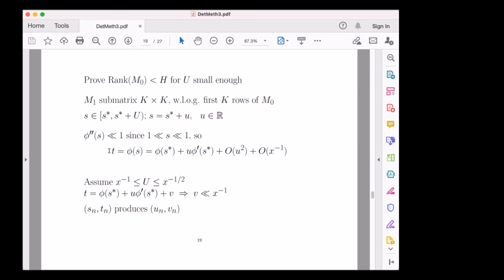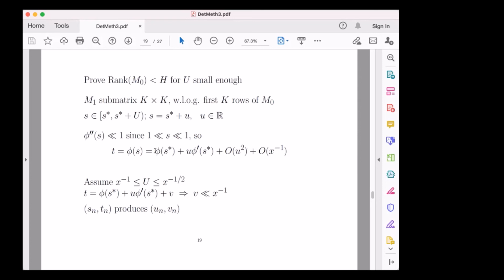And then previously we used the implicit function theorem. Here it's going to be rather simpler. We'll just use an approximation involving a power series with an error term here. So we'll have phi of S star and u phi dashed of S star, and then an order u squared, together with the order x inverse that we had before.